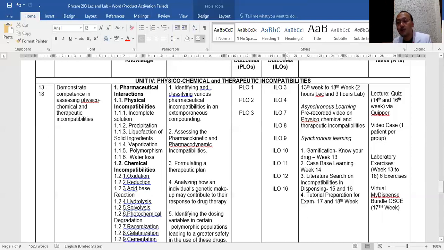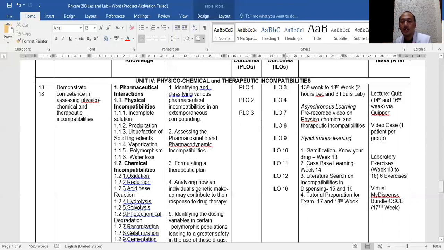Our lecture will be on week number 14 and week 16 via Creeper, and all examinations will also be via Creeper. So it will be time bounded. Take note that you'll be able to answer the examination on time for your prelim, midterm, and final examination.